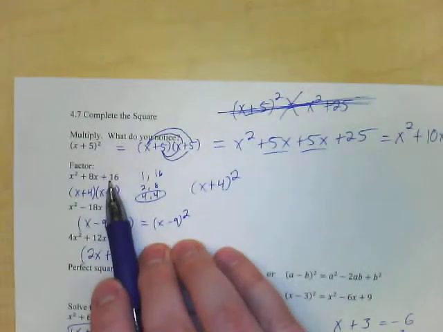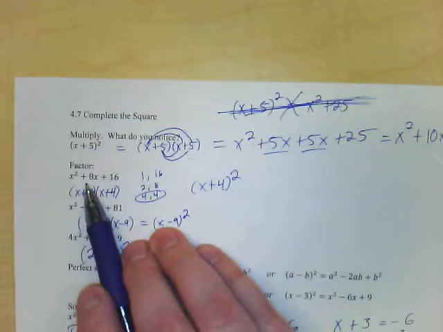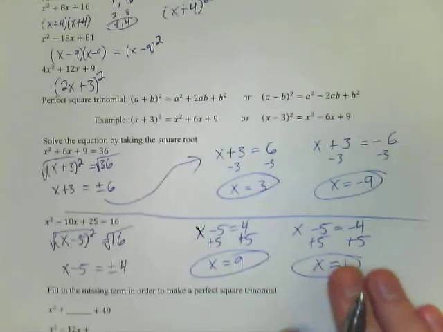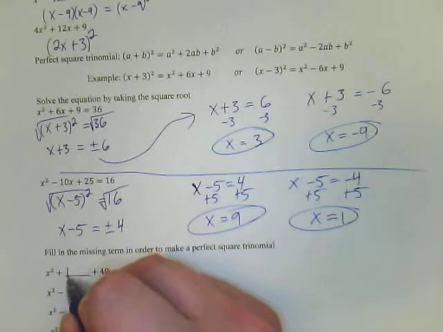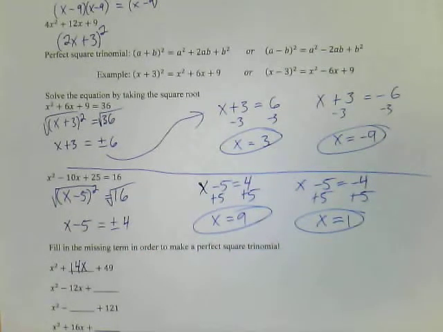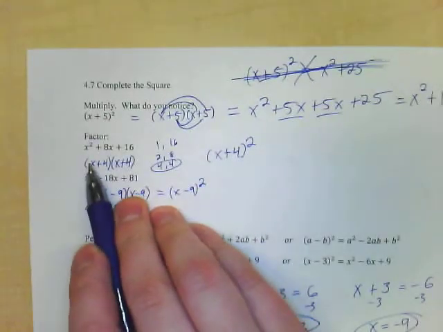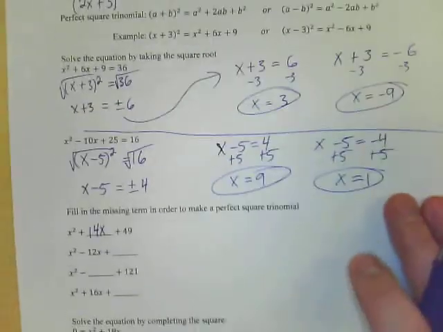So 16 and 8, take the square root of 16, that's 4, double it, and we get the middle number here. We're going to do the same thing to fill this in. So the middle number here should be square root of 49 is 7. Multiply that by 2. We should get 14, and then the middle term should have an x on it. Since, when you think about multiplying this out, you would get x times 4 and then 4 times x. That's going to give you the x's in the middle term.